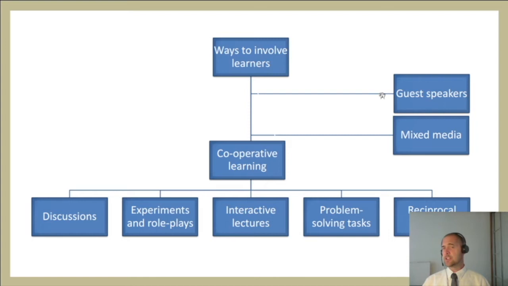This could be through guest speakers in your lectures, using mixed media, and importantly, it involves cooperative learning activities, encompassing discussions, experiments and role plays, interactive lectures, problem-solving tasks, and even something we call reciprocal learning, where you have students working in pairs, student A and student B, and student A perhaps takes notes for student B, and student B takes notes for student A, they exchange and compare, and there's a lot of discussion and learning that goes on in that type of atmosphere. So these are just examples of some of the things we're going to look at today.